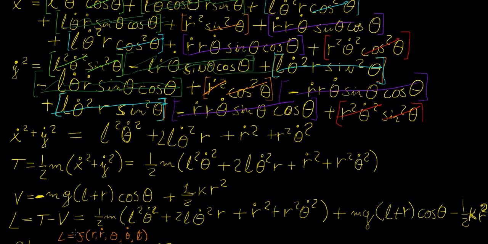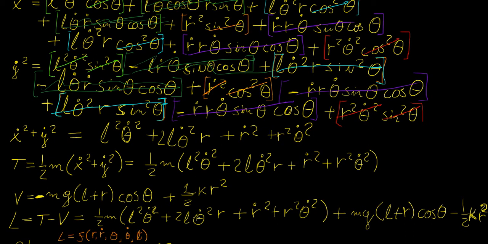What you're going to get is a Lagrangian that is a function of 5 variables: radial displacement, rate of radial displacement, angular displacement, angular velocity, and time, which is contained within those 4. As we discussed, these two belong to the same kind of variable, this belongs to that, this belongs to that.